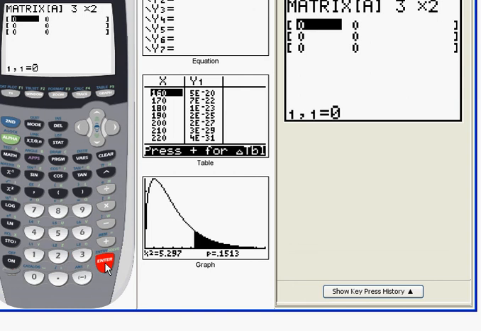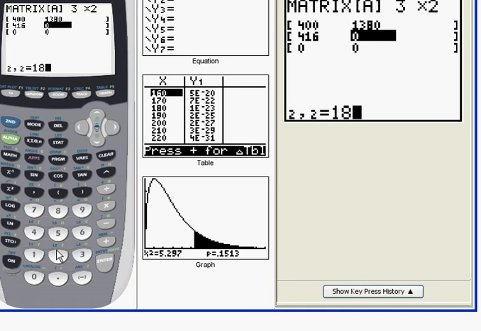So here we are. And now what we're going to do is enter our observed counts. So we have 400. Enter. And it jumps to the right. So then what do we have here? 1380. Okay. And then 416, and then 1823, and then 188, and then 1168.